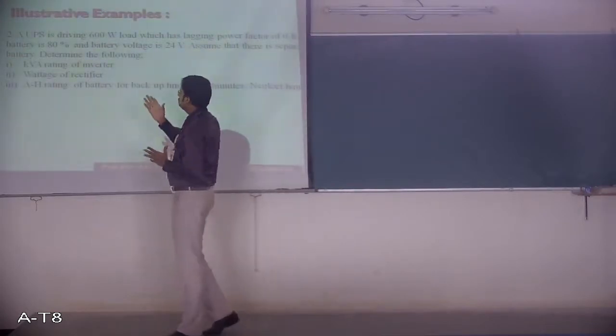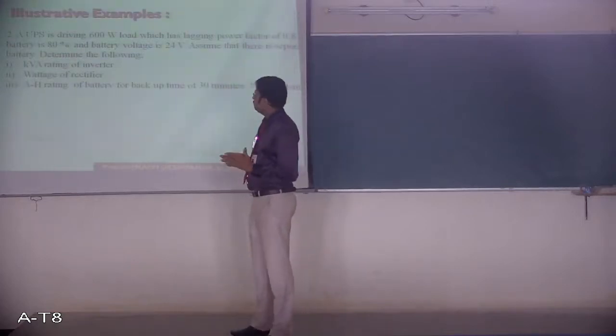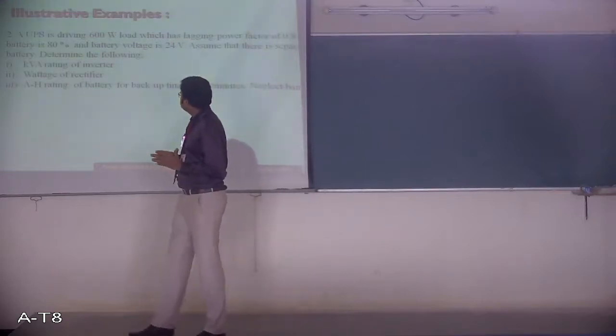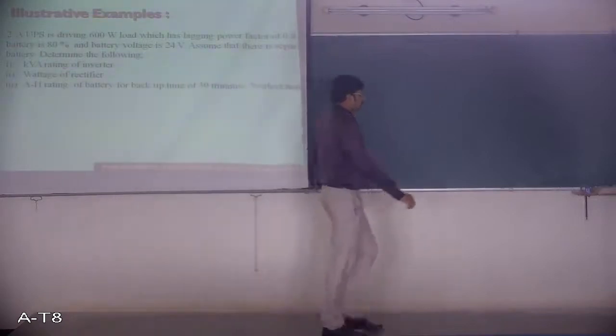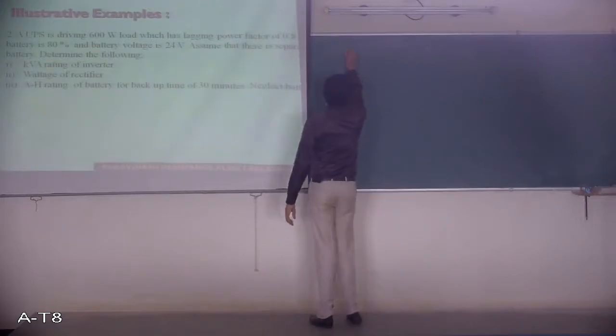So we have a numerical wherein we have a UPS system. Go through the problem statement. A UPS system is driving 600 watts load. Let me just list out the given quantities. What are the quantities that are given?